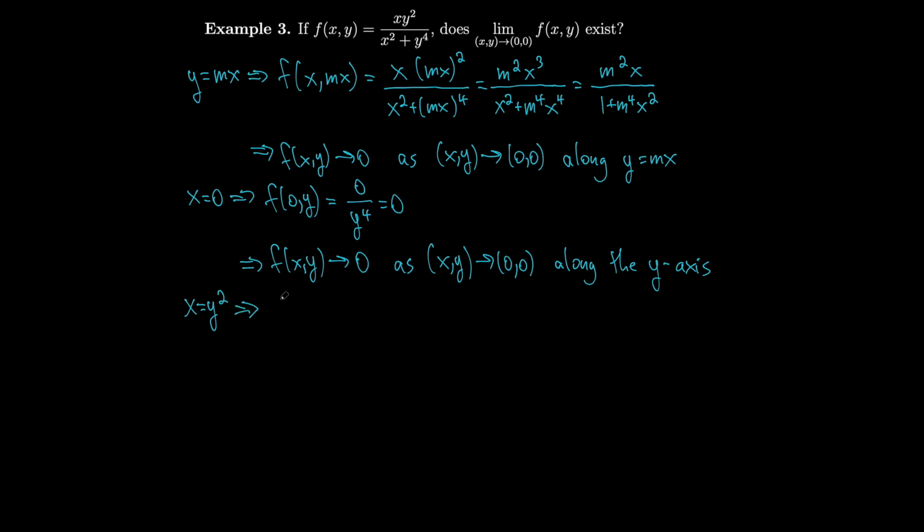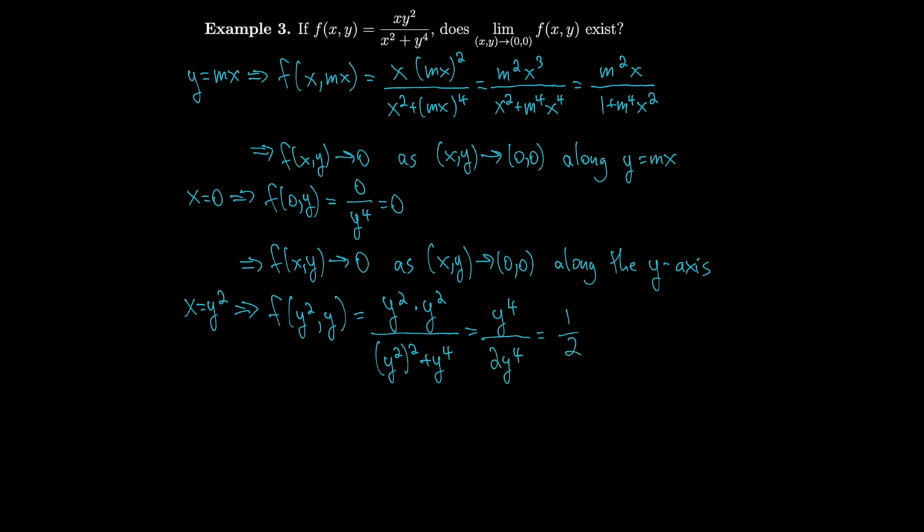So that means that we're looking at y squared instead of x, so I'll replace that, and I'm taking f of y squared, y, so that's just y squared times y squared over y squared squared plus y to the fourth, and that's just y to the fourth over 2y to the fourth, which is a half, assuming that y is not 0 and all that.